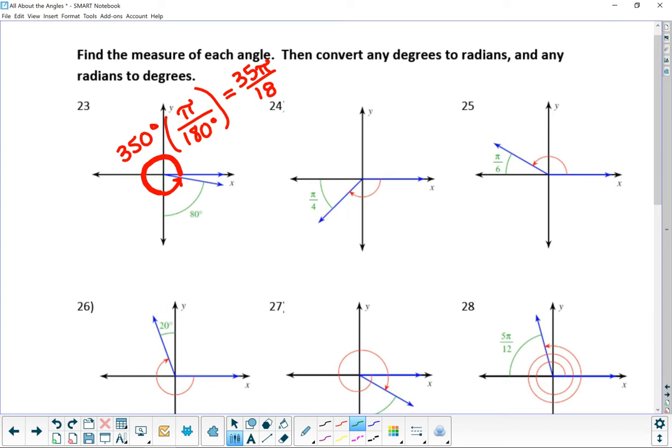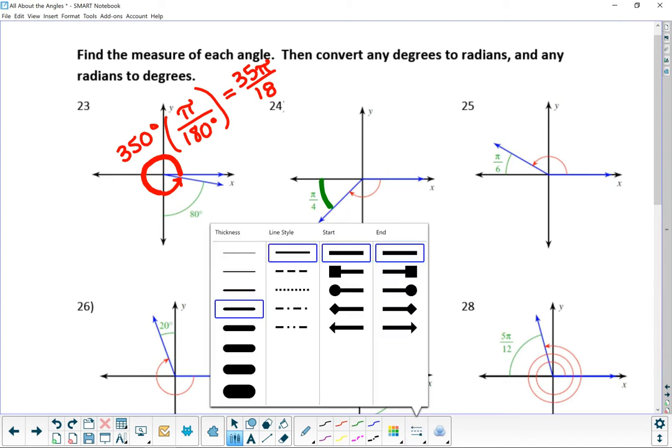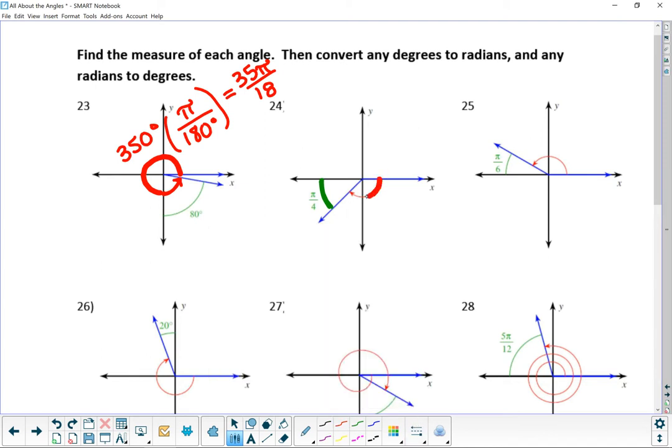The next one, all we know is that this much is pi over 4. So it looks like I'm going backwards right here. Okay, it looks like I have negative 90. And if I went all the way to this right here, it'd be negative 180, right? Or actually, since I'm talking about radians, negative pi right here.